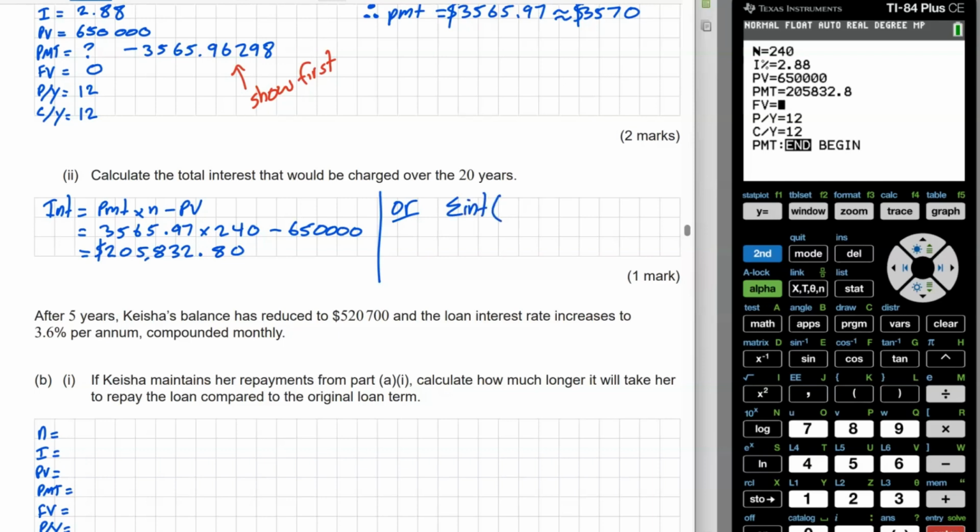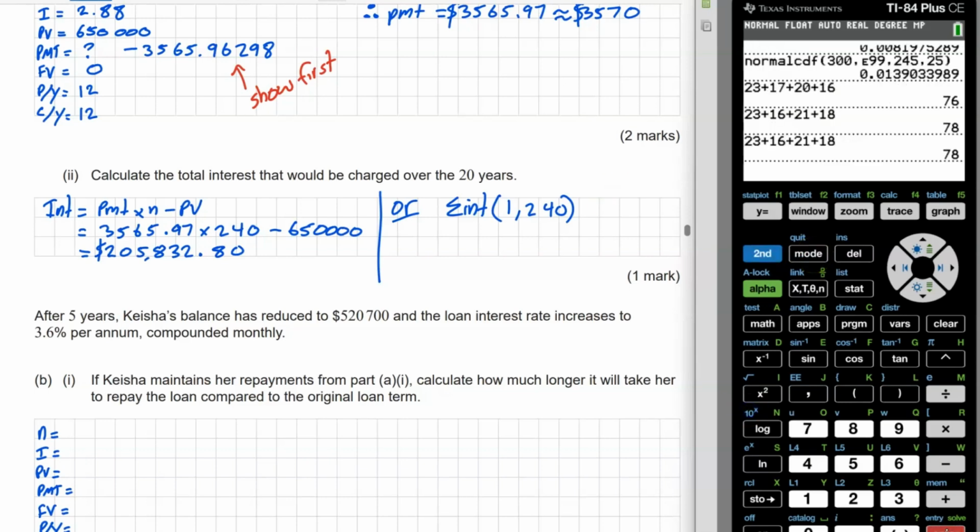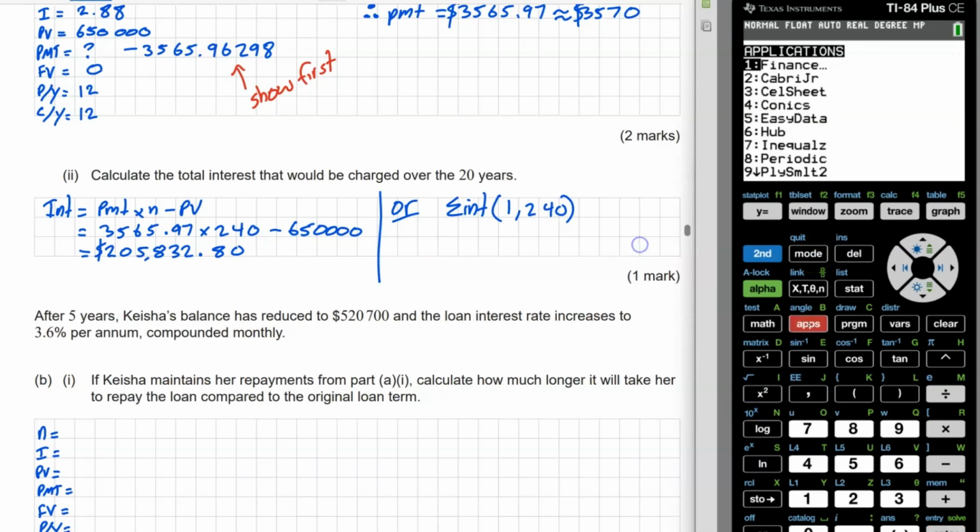That's 1 and the 240. So we have to make sure that we've got our right payments in here. So we said that that was equal to negative 3,565.97. Everything should be fine there. So just quit. We need to come out to this screen first, and then we go back to apps.